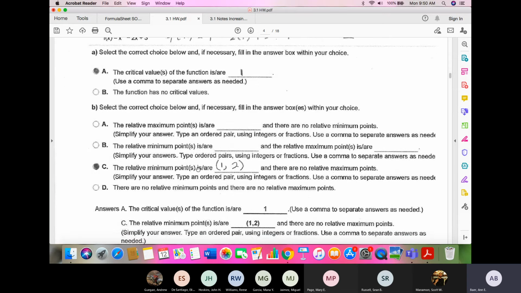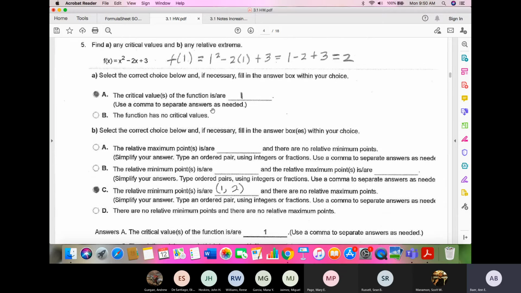So the relative minimum point is 1 comma something. How do we get the y coordinate? We're talking about the original function at this point, so we want to go back to the original function to find the y coordinate. So we want to know what the y coordinate is when the x coordinate is 1.